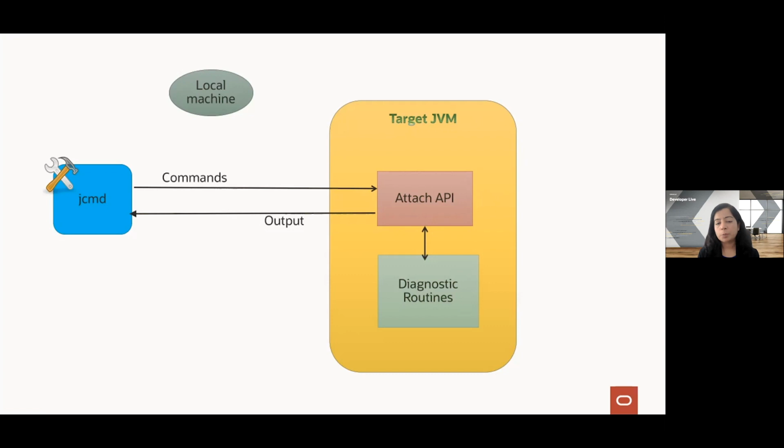Corresponding to the command which is sent to the target JVM, a diagnostic routine or a helper routine is executed inside the JVM, and the results are then sent back to the jcommand tool and presented to the user. Since the attach API can be used to communicate with only local processes, jcommand can work only with the Java processes running on the local machine.